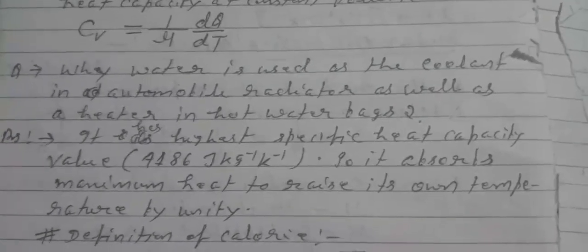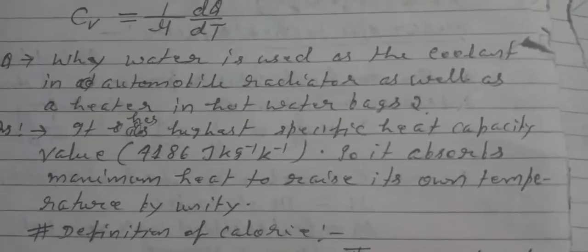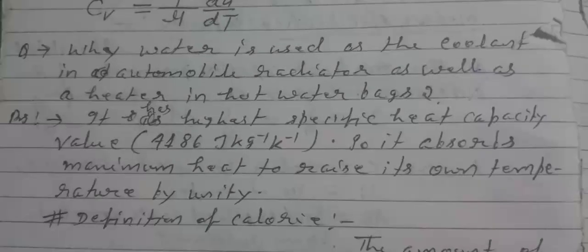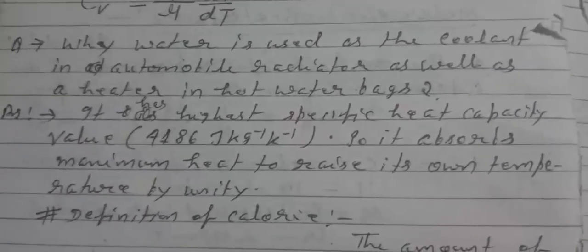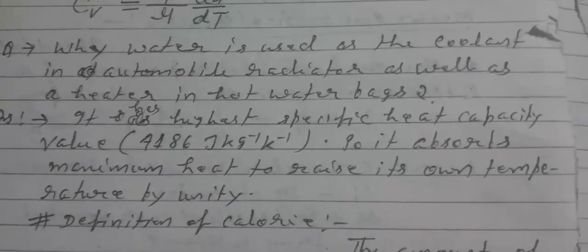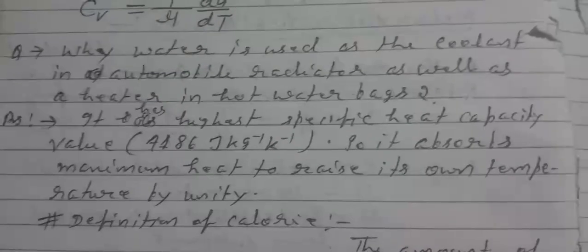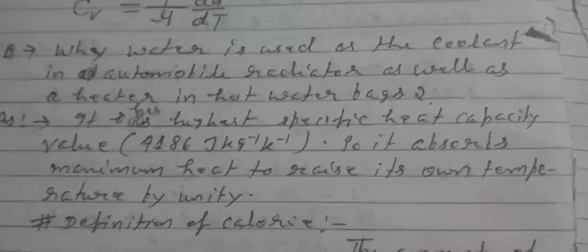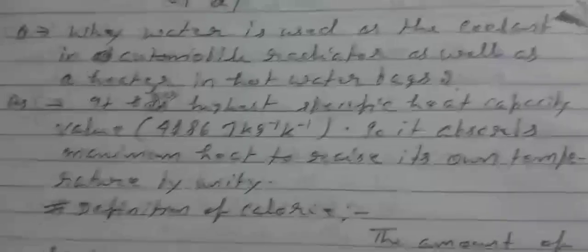So it absorbs maximum heat to raise its own temperature by unity. So water is used as the coolant in an automobile radiator as well as a heater in hot water bags.